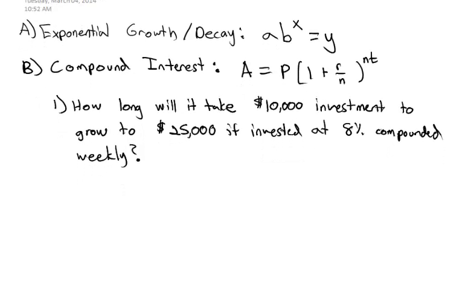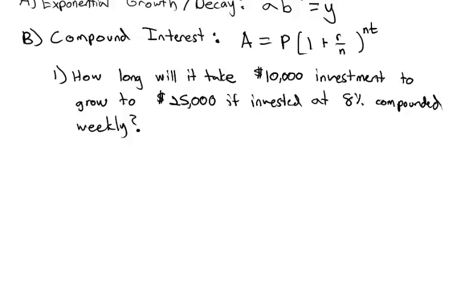Plugging the information we have into the compound interest formula, we get the accumulated final amount of $25,000 is equal to the principal starting amount, present value of $10,000, times 1 plus r, which is 0.08, over n, which is 52, to the nt, 52 times time.